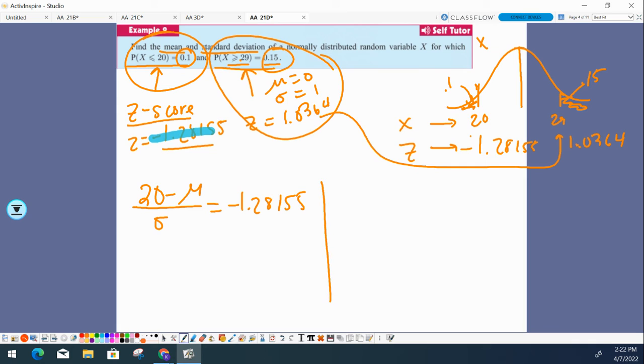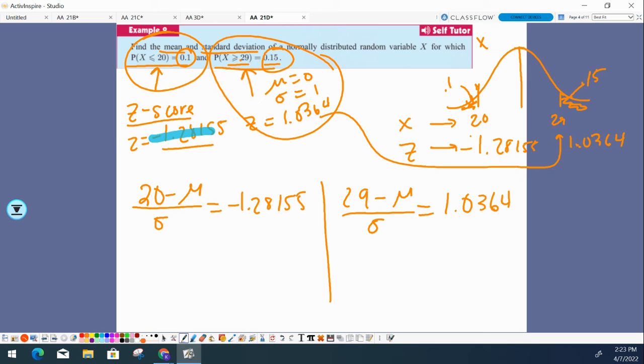So this is 29 minus mu divided by standard deviation equals positive 1.0364. So we now have 2 equations with 2 unknowns. This is a system of equations that we've got to solve for both.